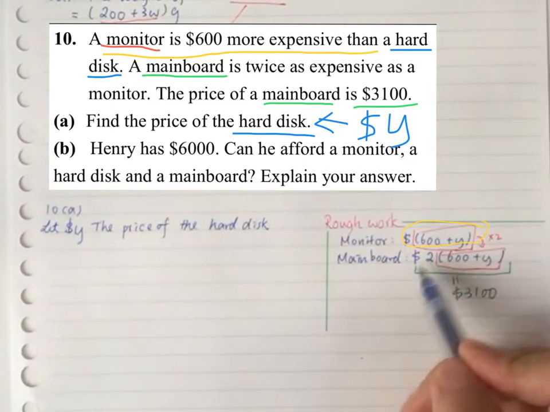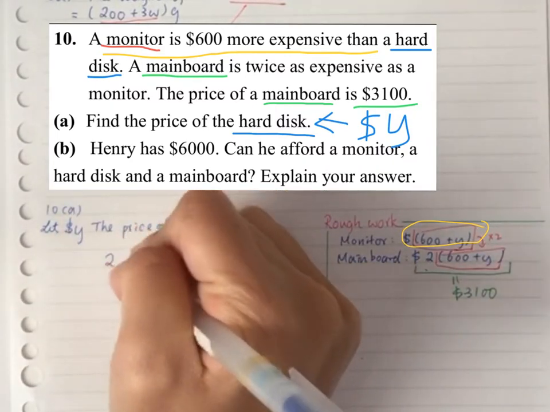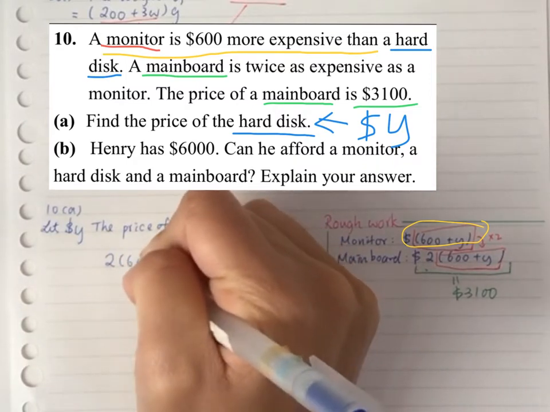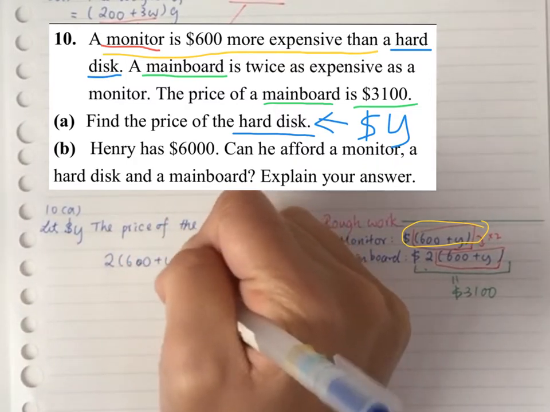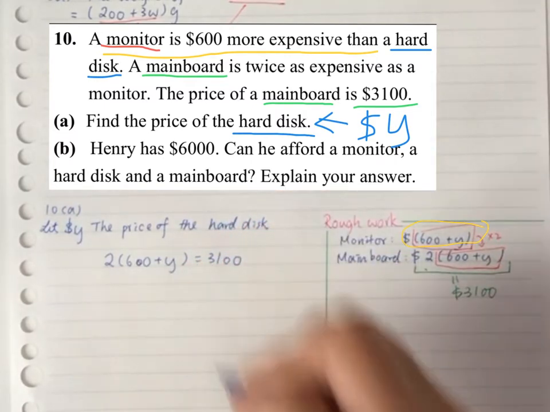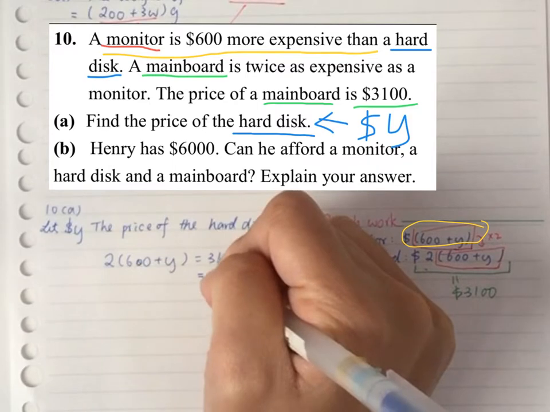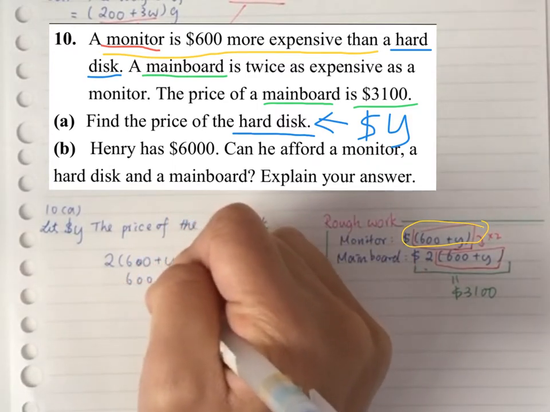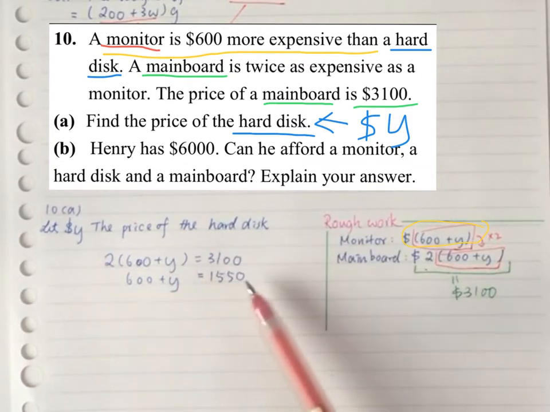After that, we can use this information to set up an equation. Simply copy the value of the mainboard without the unit. That means no need to put the unit sign when you solve the equation. Divide 2 on both sides, you get 1,550.